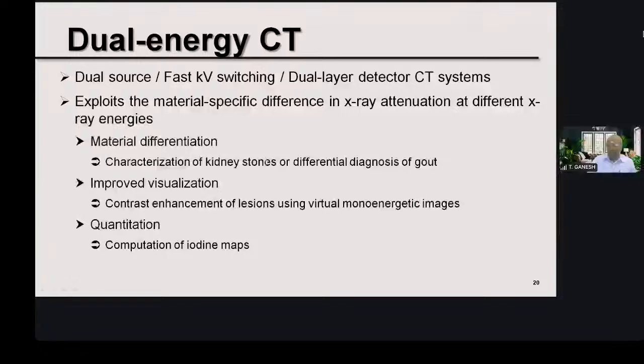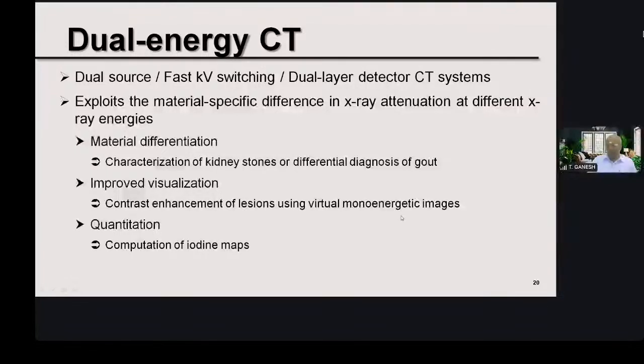So characterization of the kidney stones is possible by means of material differentiation, or differential diagnosis of gout. You can do that. Similarly, improved visualization means you will be able to increase the contrast in the lesions using what are called virtual monoenergetic images.